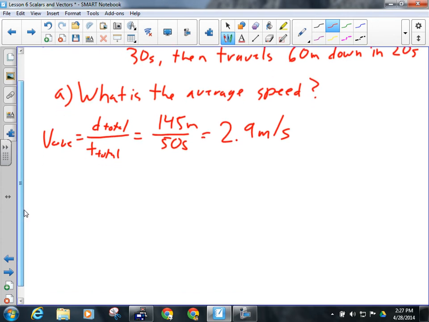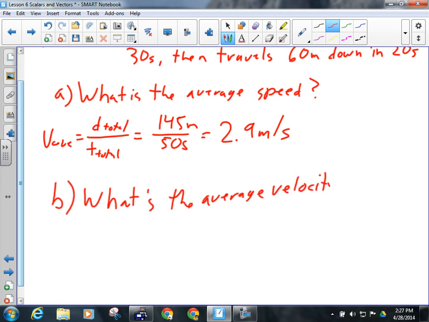So part B would be what's the average velocity? Average velocity is total displacement over total time.